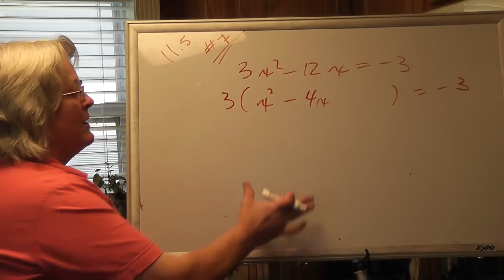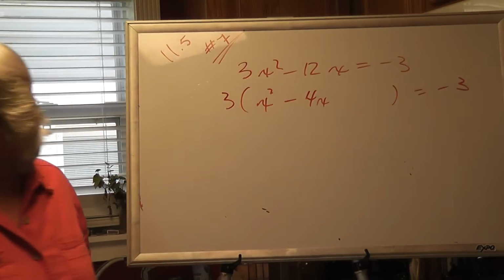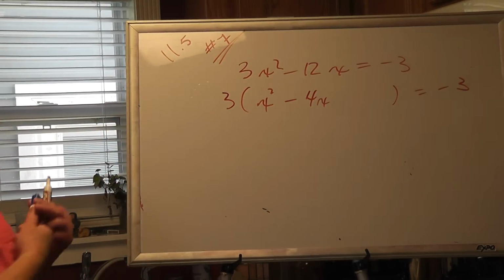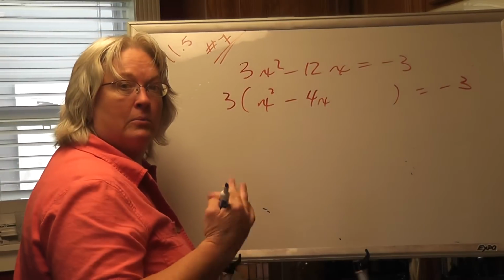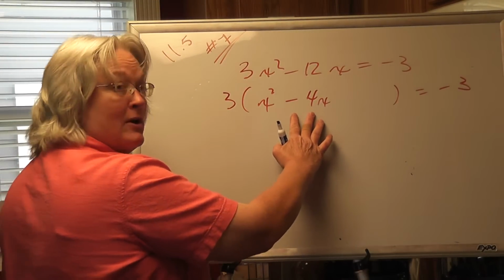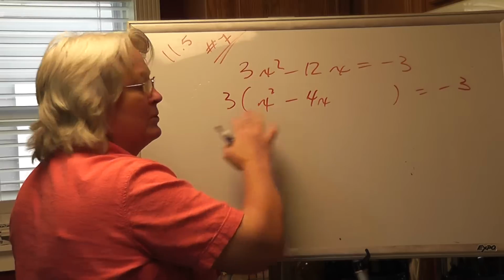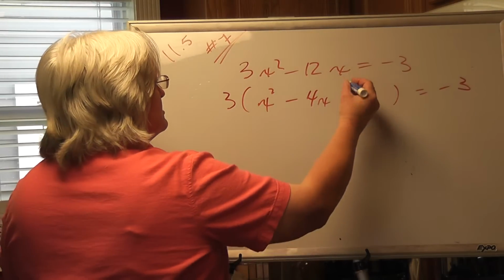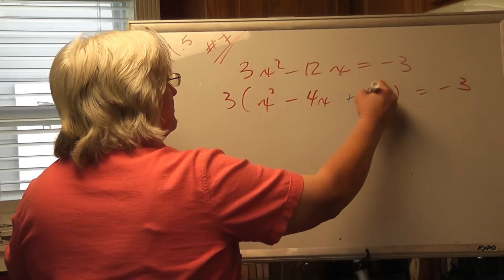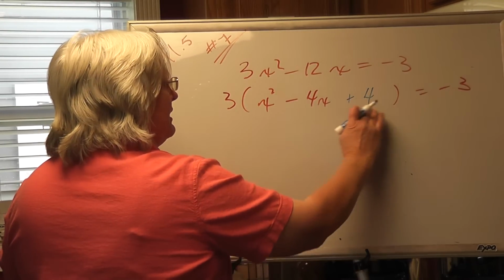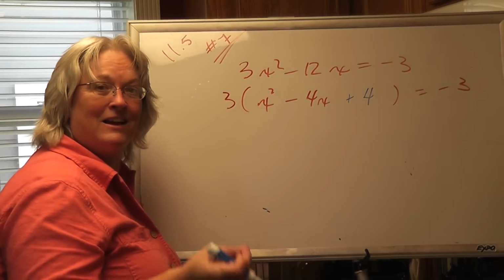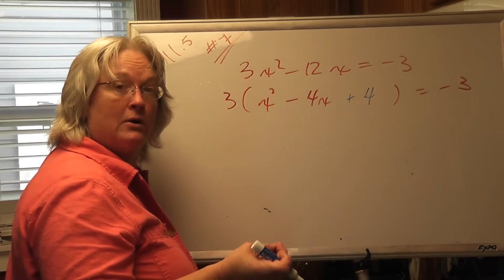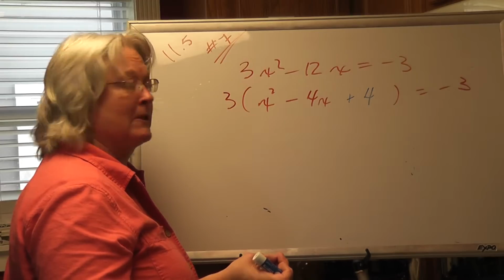Then we complete the square within the parentheses. We take half the coefficient of the first degree term, which is negative 2, and square it to get 4. We now have x squared minus 4x plus 4.